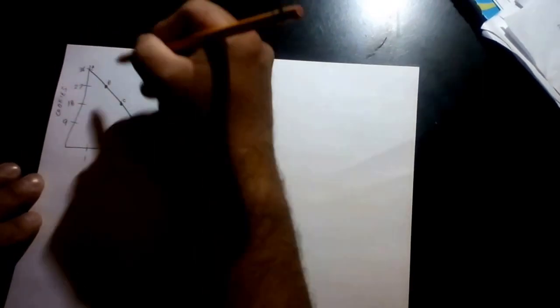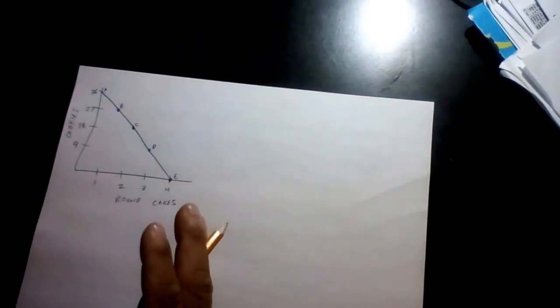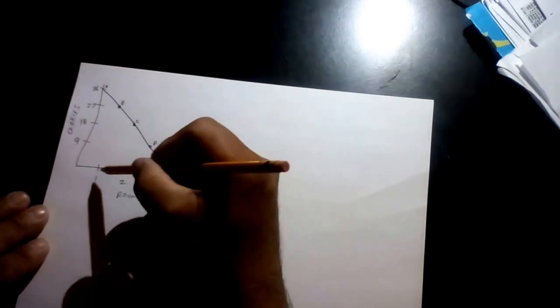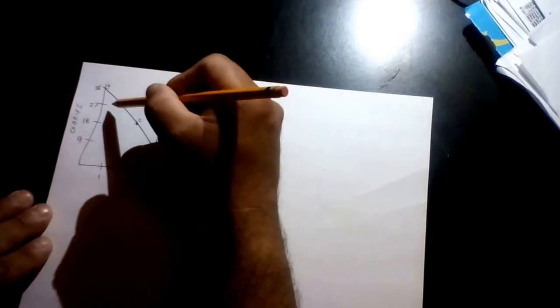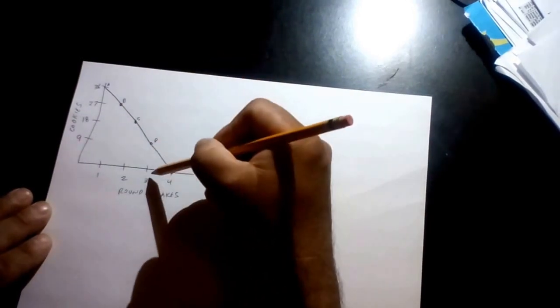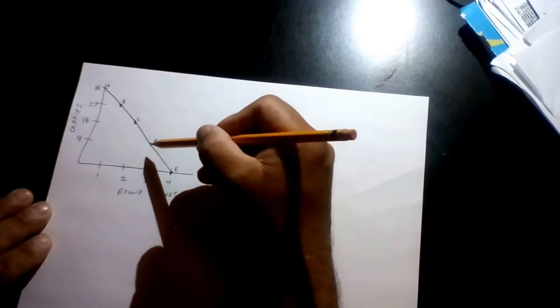So these intercepts that are along the path are the points where I decide how much of each type to make. If I decide to make 1 cake, then I can only make 27 cookies. On 3 cakes, I can make up to 9 cookies only.